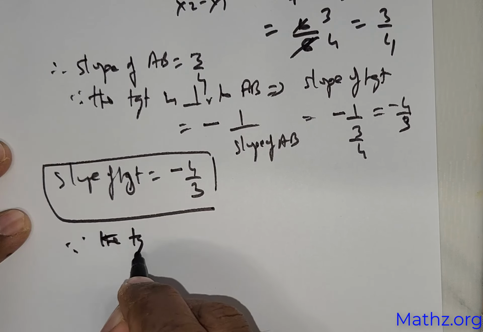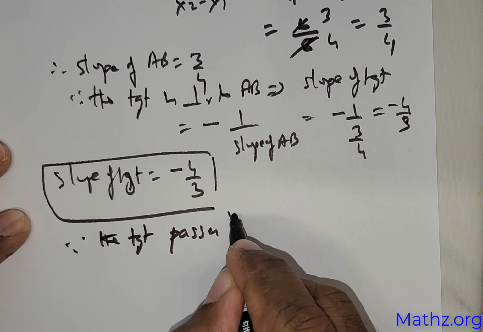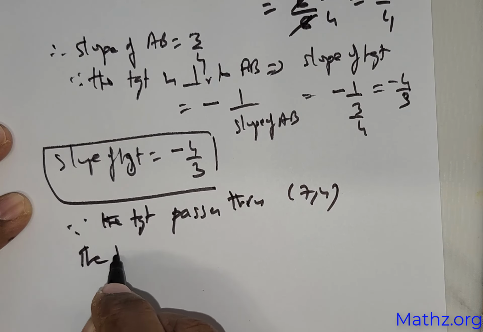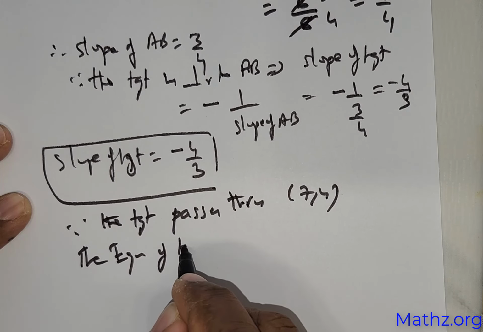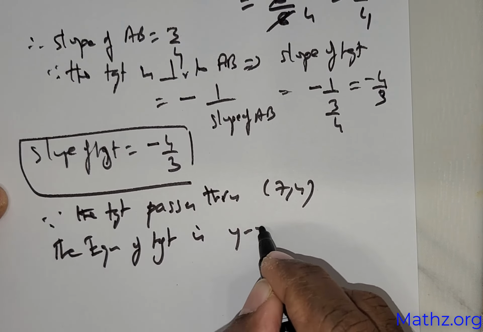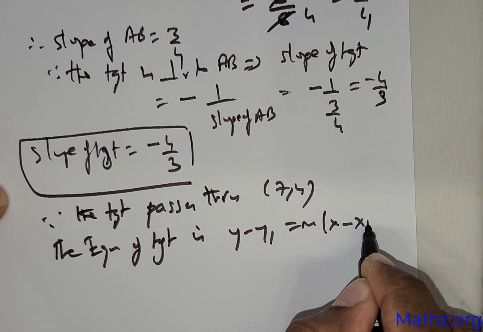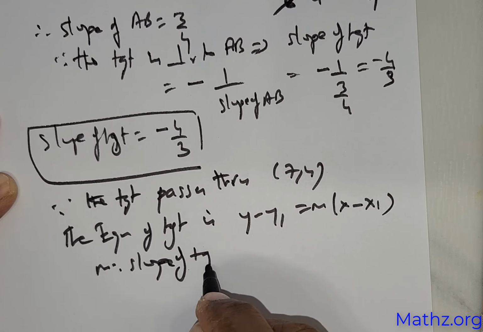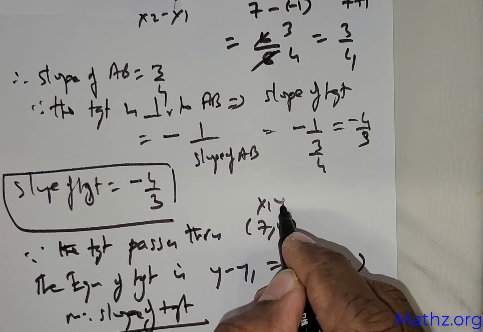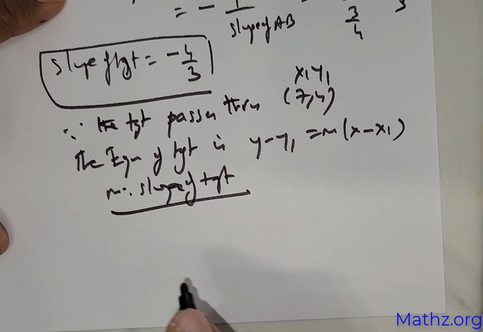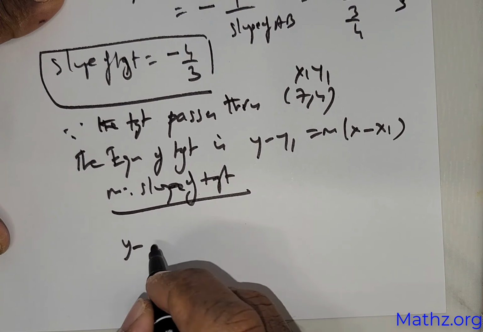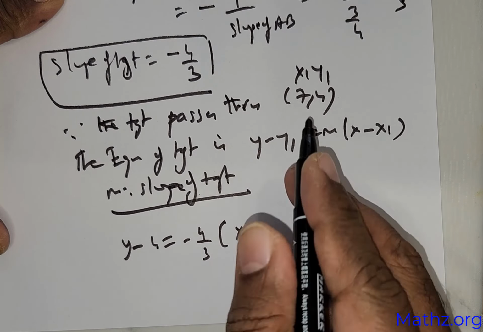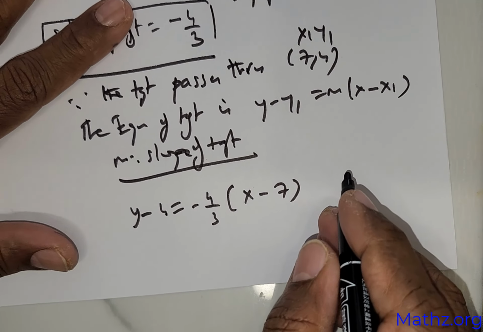So since the tangent passes through (7, 4), the equation of the tangent is y - y1 = m(x - x1), where m is the slope of the tangent. Now I'm taking this point as x1 and this point as y1, so y - 4 is equal to negative 4 over 3 times (x - 7).